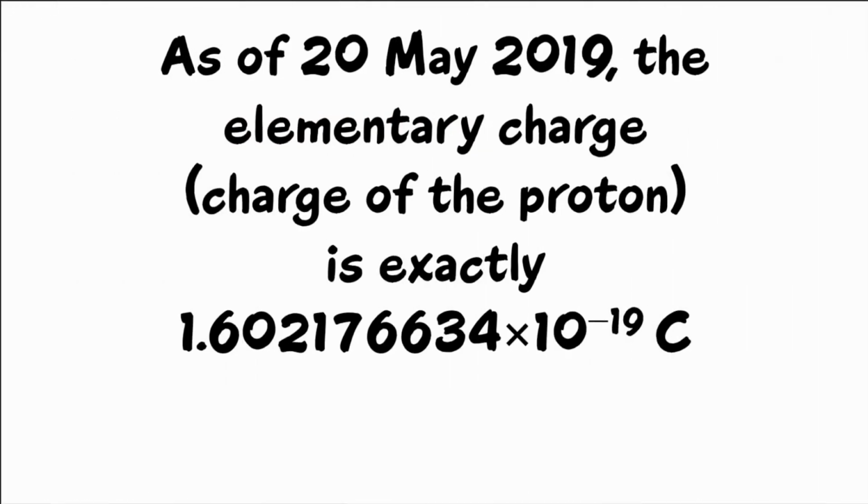As of the 20th of May 2019, the elementary charge of the proton is exactly that number. That is an incredible amount of accuracy. That is very, very detailed, accurate, with lots of accepted values or targets on the measuring equipment.